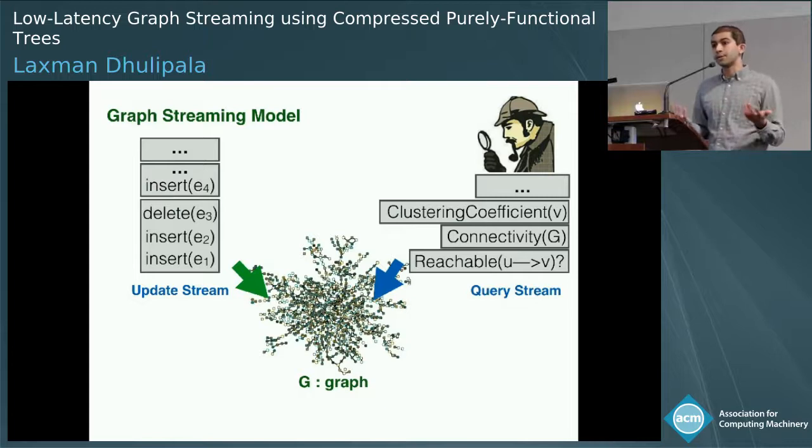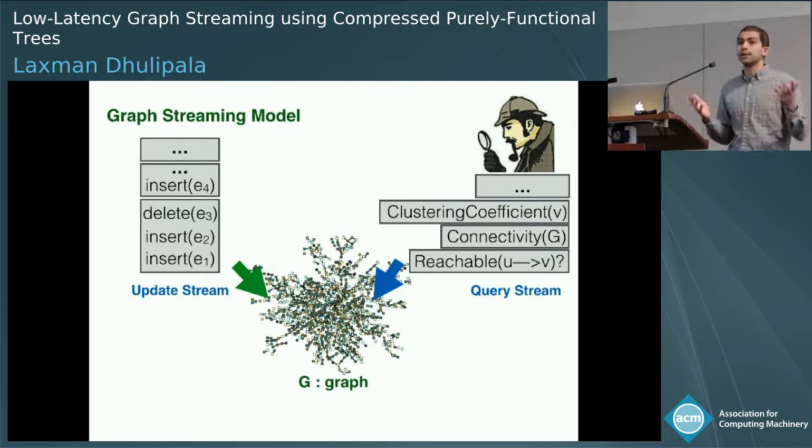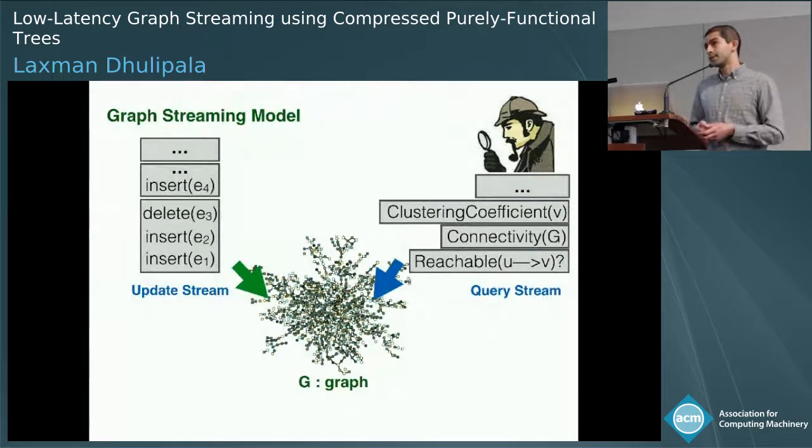A user might be interested in, for example, a local graph algorithm. A very trivial one would be finding the degrees or the number of two-hop neighbors at a vertex, or the local clustering coefficient at a vertex. And also global graph algorithms, like computing the connected components, or generating a clustering of the graph at a recent point in time.